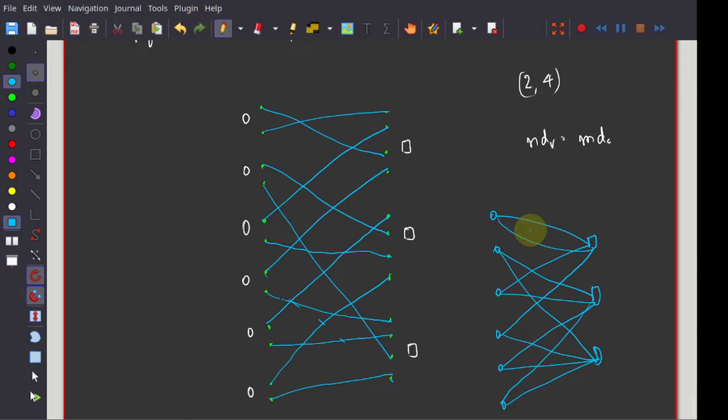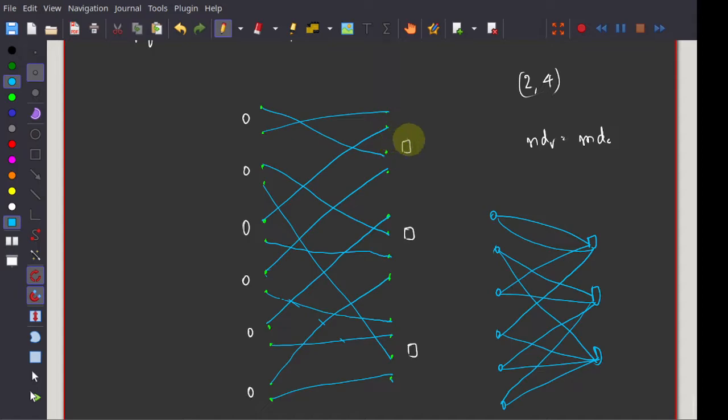It doesn't exactly ensure that the degrees are dv and dc, because in this case there are parallel edges. But if dv and dc are very small and n is very, very large, then the probability that there will be parallel edges is actually very small. And in any case, what this definitely guarantees is that every vertex on the left has degree at most dv, and every vertex on the right has degree at most dc.